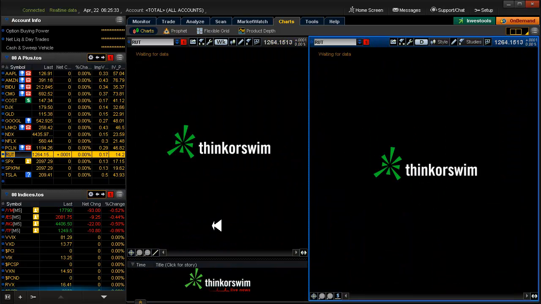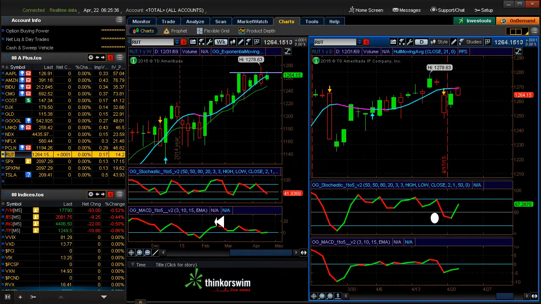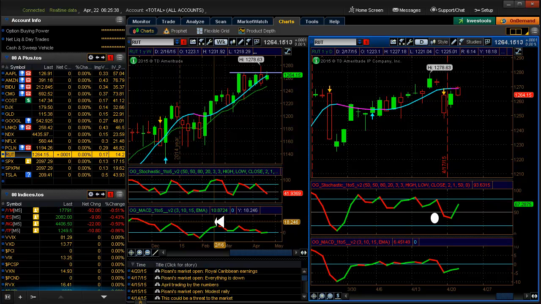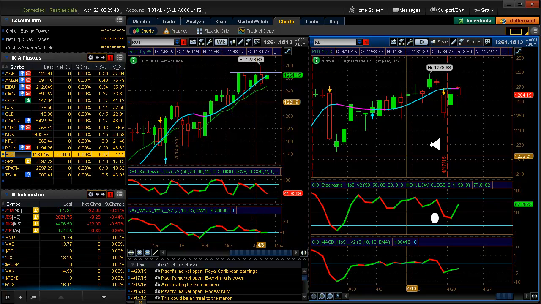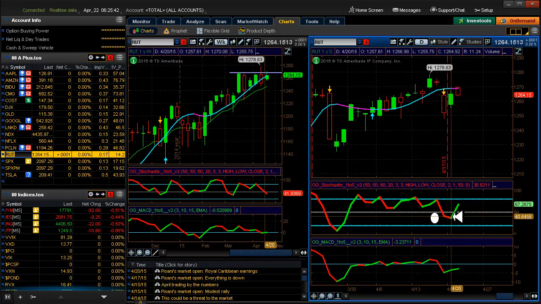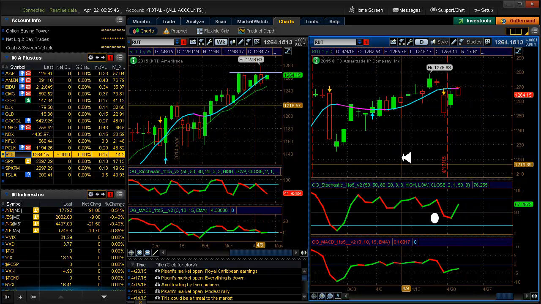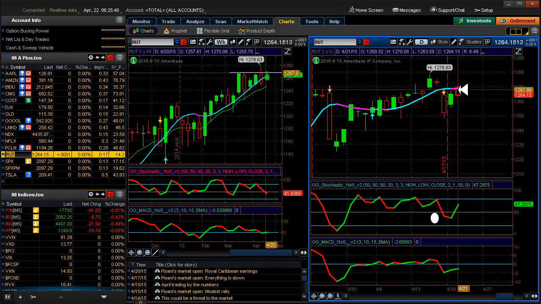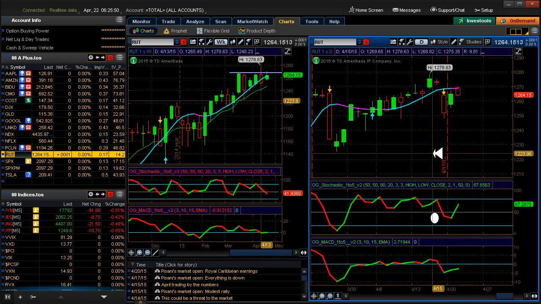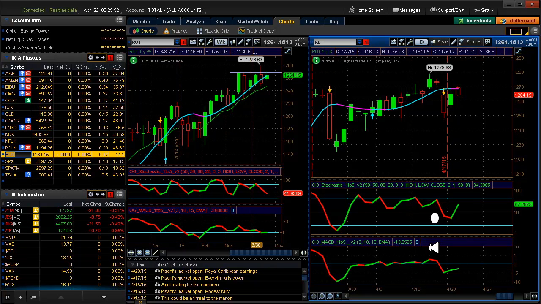Alright, RUT. We're looking to do a bull put on this just because of the upward movement here. It kind of rolled over here, didn't it? So I'm glad that we were a little bit cautious on that.